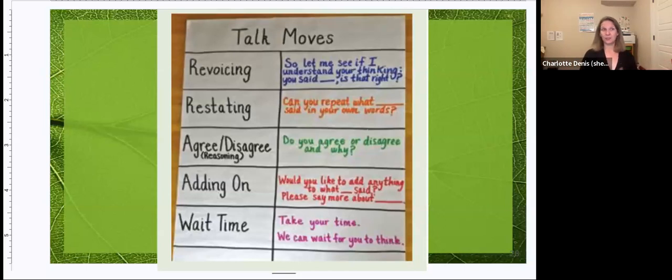But I let students have these too, right? It gives them a little bit more power in the discussion process if they have access to these frames, so that they can encourage and help their colleagues get there.